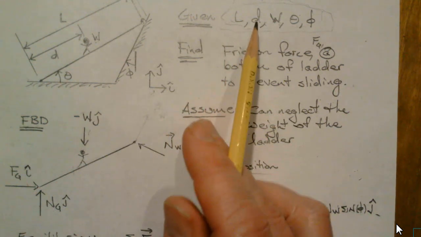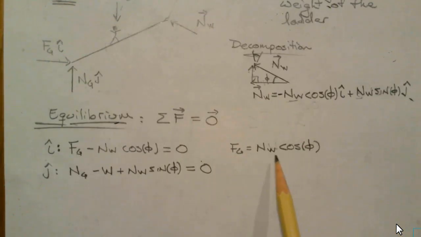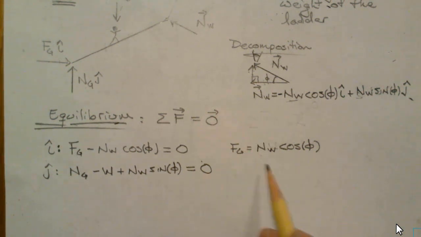We compare these symbols right here to the symbols right here, and we'll notice that NW is not on my list of givens. I have no idea what the wall normal force is. If I did know the wall normal force, then that'd be done now, but I don't. So this doesn't end it for me. If I know what NW is, then I can be there.